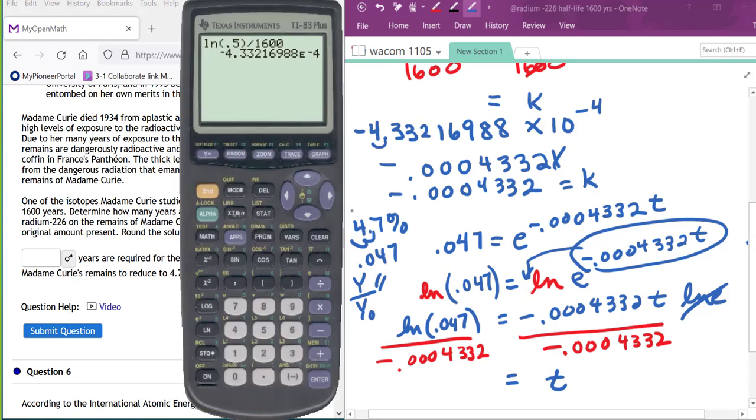So we're ready for the calculator. So natural log 0.047, close your parentheses, divided by negative 0.0004332.